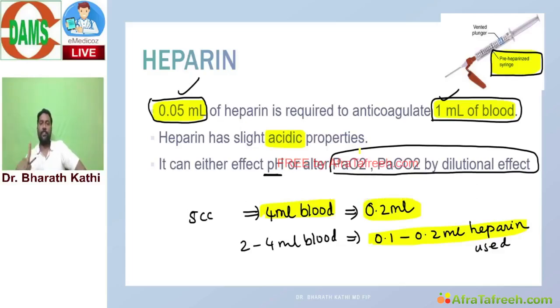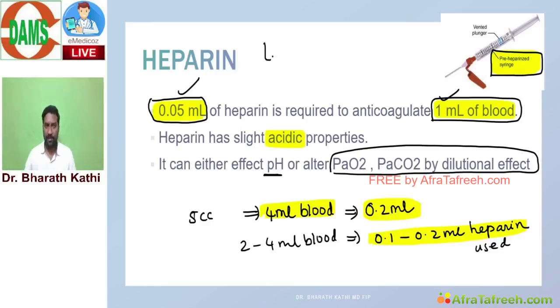Heparin directly can affect the pH because of its acidic properties, and when you take more heparin, it can dilute the blood, reducing PaO2 and PaCO2. If you take excess heparin, this is the problem.